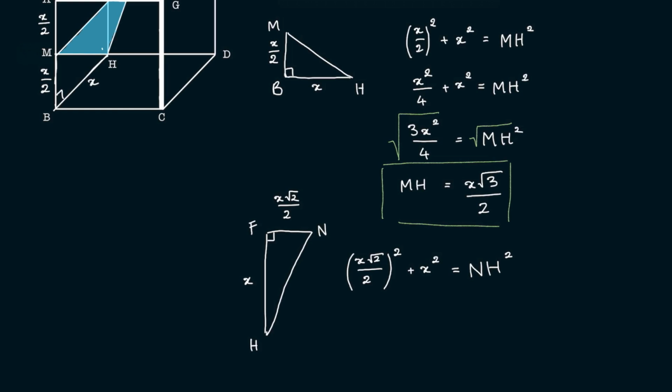Now if we expand the left hand side, when we remove the brackets, we'll get 2x squared over 4 plus x squared is equal to NH squared. And 2x squared over 4 is just really equal to x squared over 2.